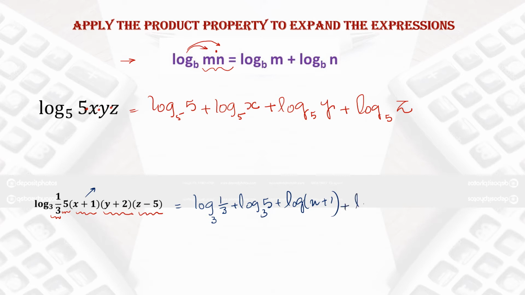Plus log base 3 of y plus 2, and then the last thing is plus log base 3 of z minus 5. Since you have seen that all the values are multiplying, we wrote a log with each and every term and we wrote a positive sign in between them.